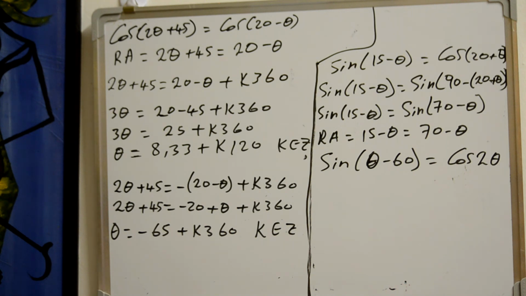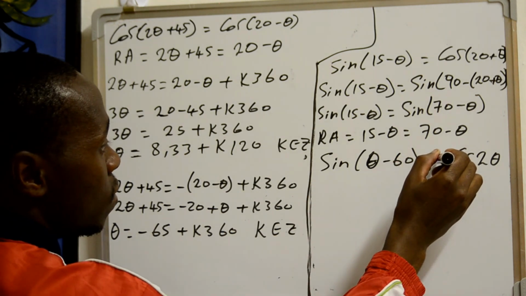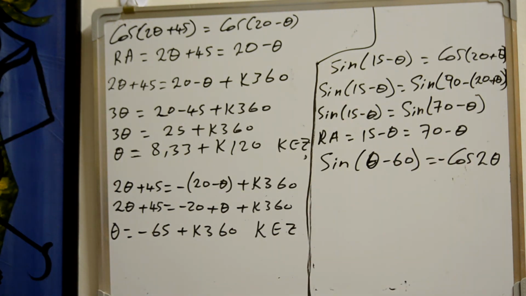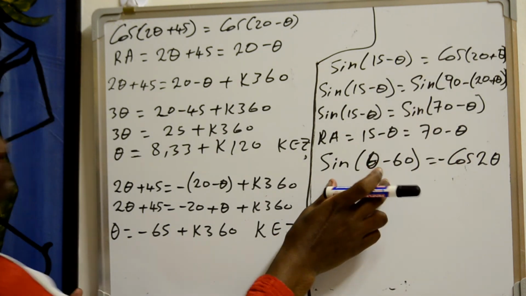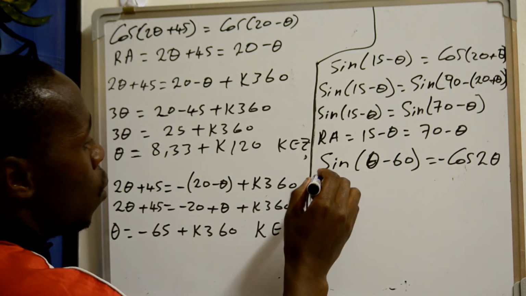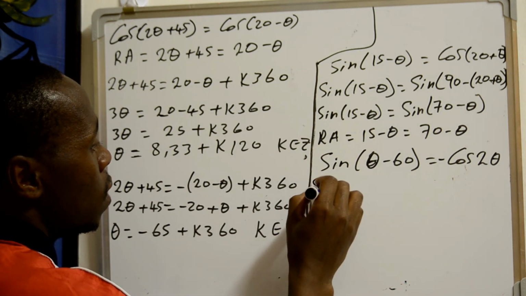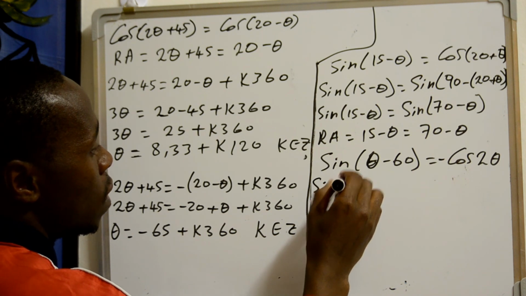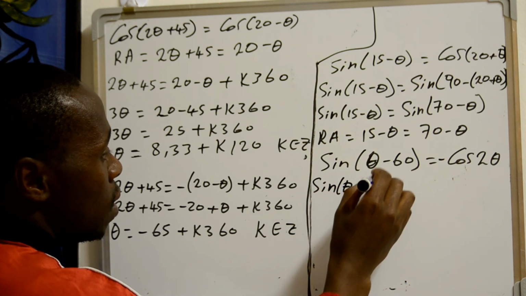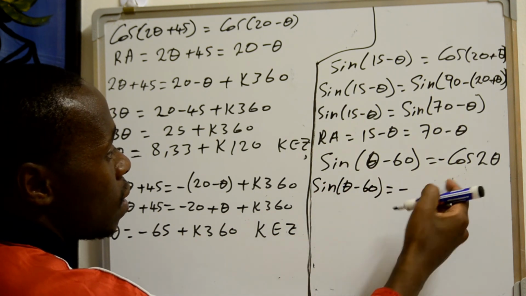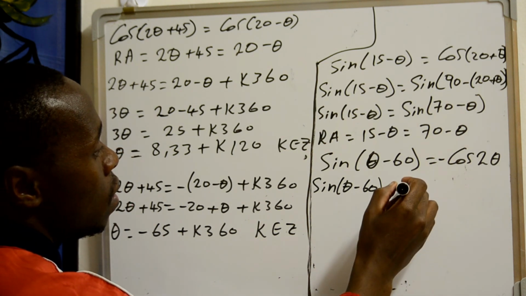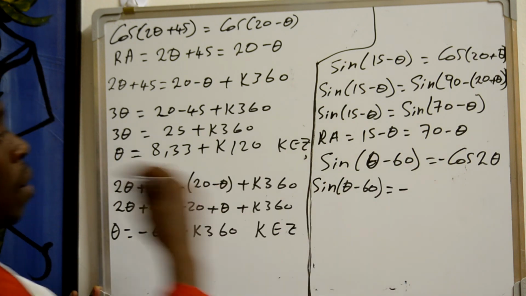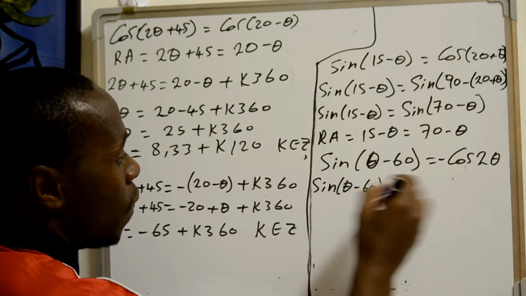Now you have a case that is negative. In this case, bring it back to the same situation: change the cos into sine.